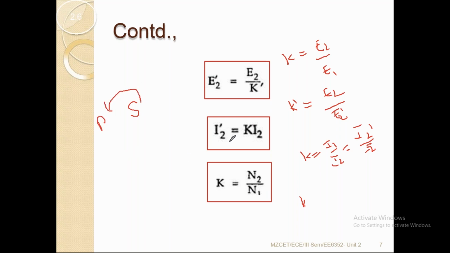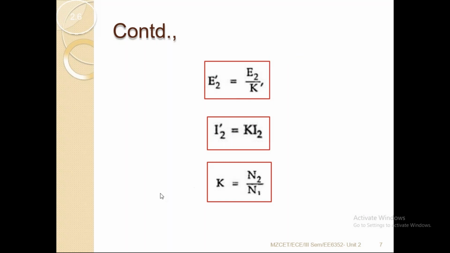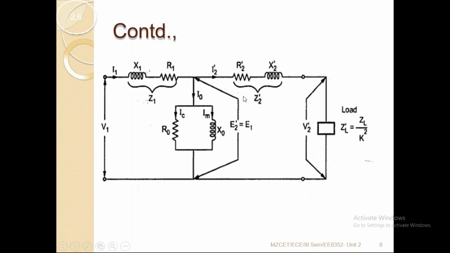Okay now, right. Now we will see the second case, when primary parameters are shifted to the secondary. Okay now, this is the equivalent circuit when secondary is shifted to the primary. If you observe this diagram here, X1 R1 is given by Z1, R2 dash X2 dash is given by Z2 dash.